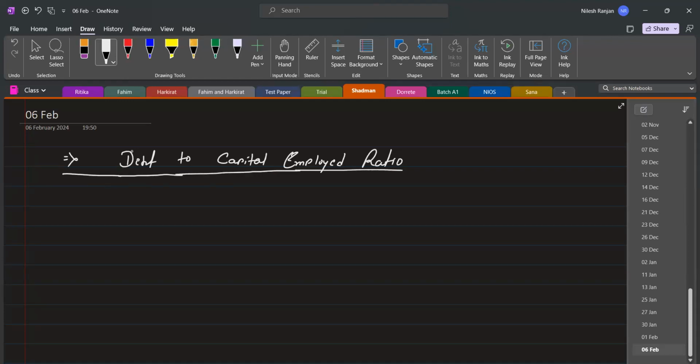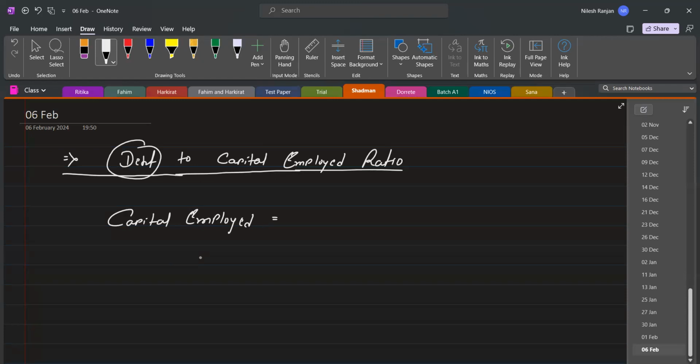Now, debt means long-term debt, and capital employed we have already discussed, I think. Yes or no? Yes, sir. Capital employed means there are two methods to calculate capital employed. One is asset side approach and the other is liability side approach.